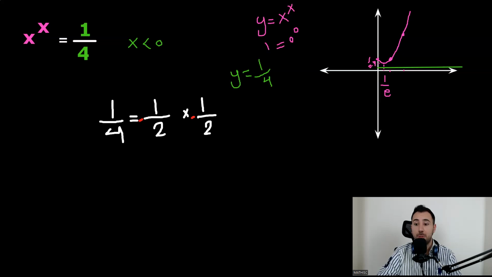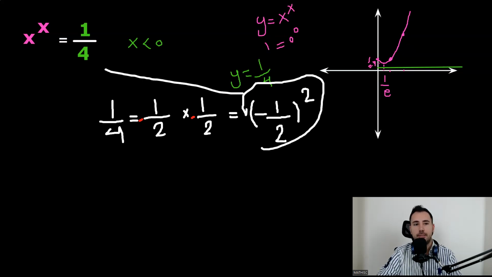So remember, we're interested in the negative values. So this would be negative 1 over 2, all of it to the second power. Okay, so I'm going to write this instead of this.